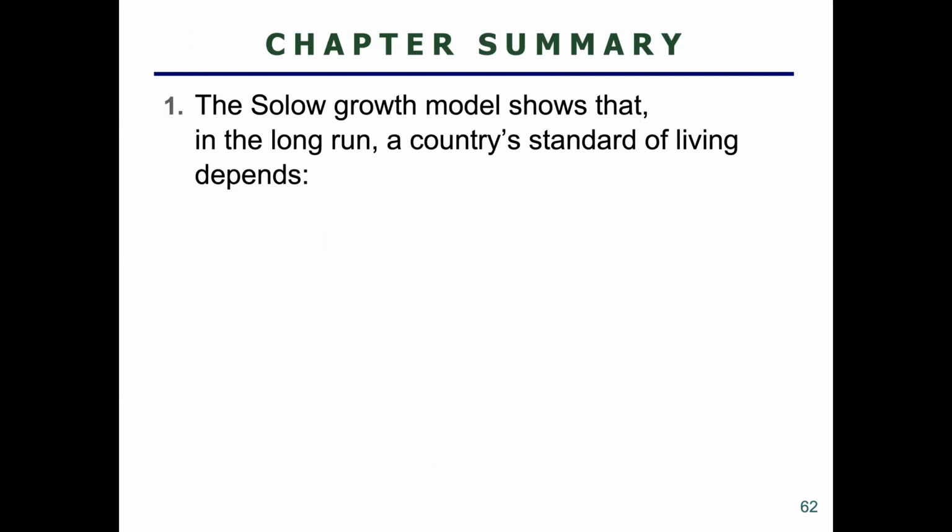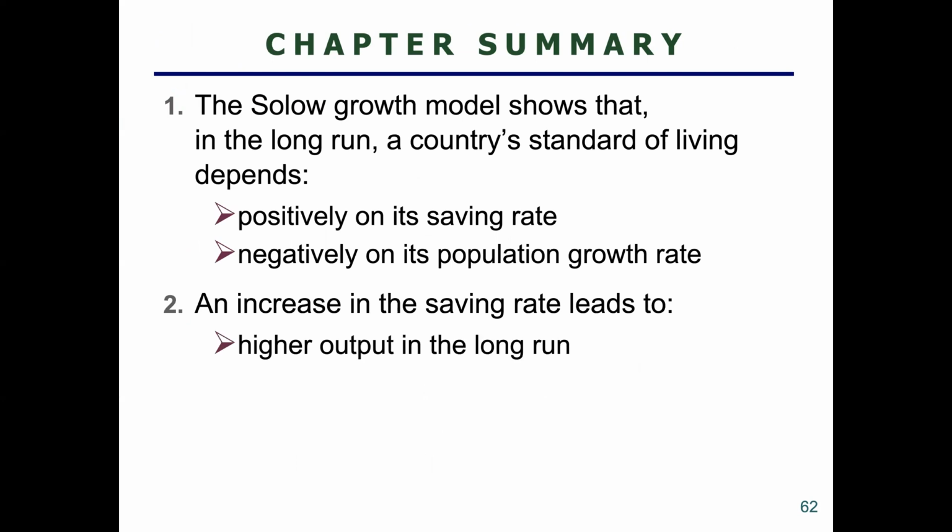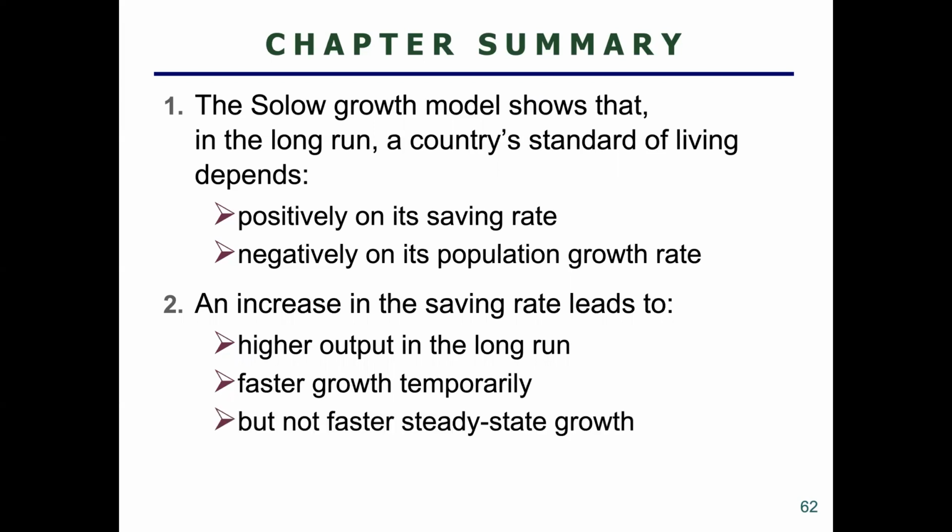Okay, we're almost done. Let's just summarize things. The Solow growth model shows that in the long run, a country's standard of living depends positively on its saving rate, negatively on its population growth rate. An increase in the saving rate leads to higher output in the long run, faster growth temporarily, but not faster steady state growth.